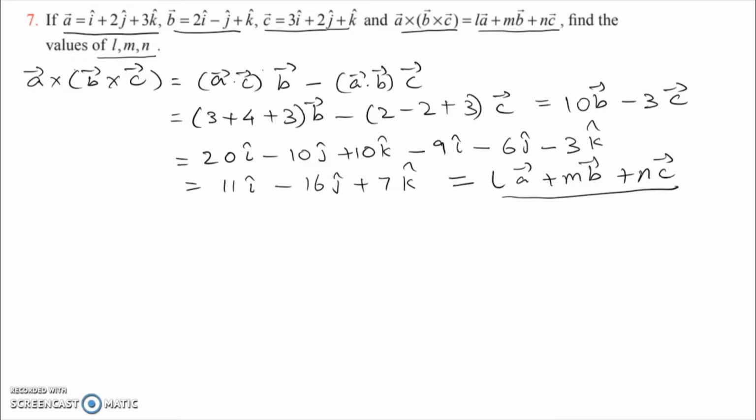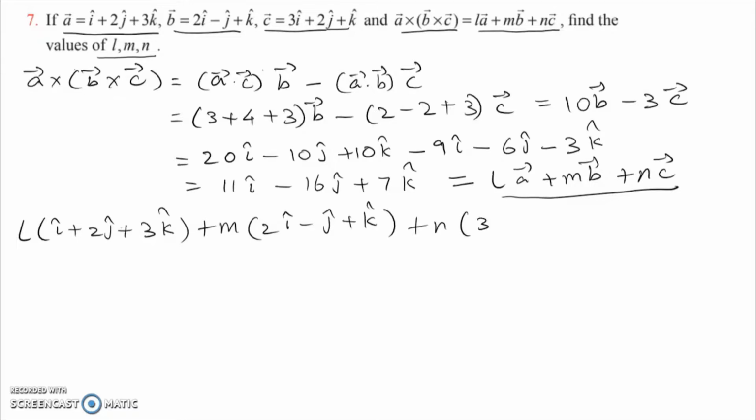That will be L into (I cap plus 2 J cap plus 3 K cap) plus M into (2 I cap minus J cap plus K cap) plus N into (3 I cap plus 2 J cap plus K cap).